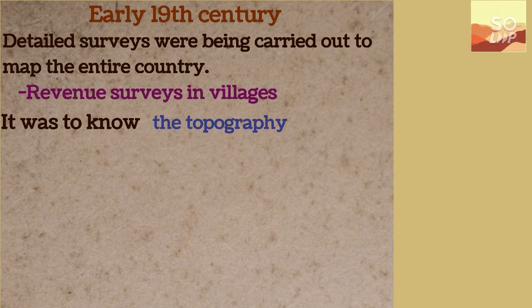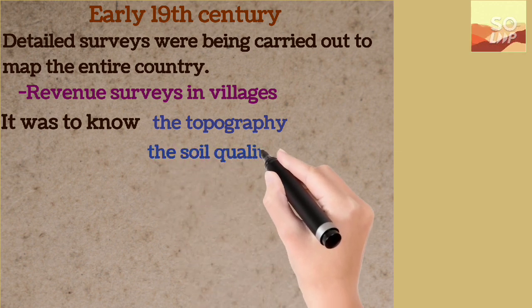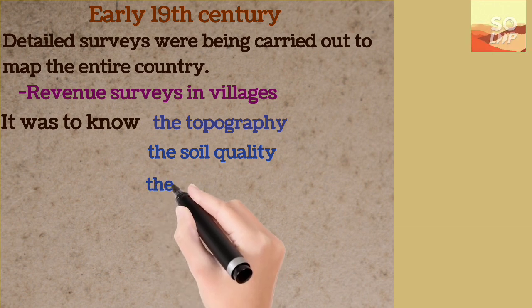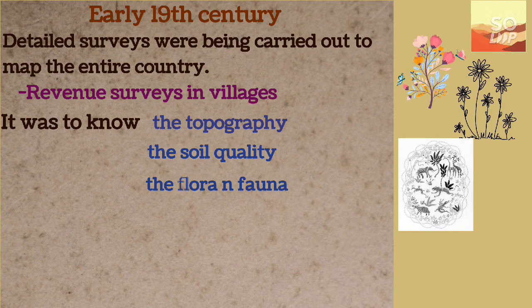Okay, and also to know the soil quality. While detailed information on soil is required for a proper assessment of soil properties, terrain features, erosional aspects, and other factors that can help in working out the use capability and management practices for soil conservation and better production of crops. And next, to know flora and fauna, the plant kingdom and animal kingdom of an area.